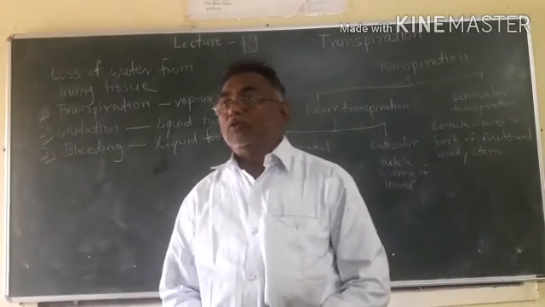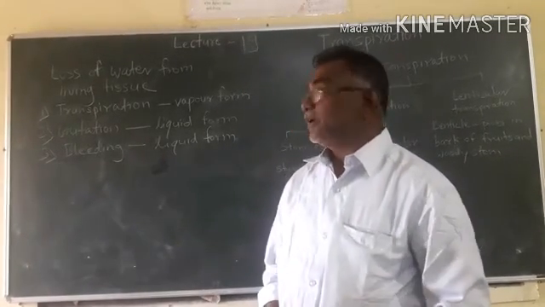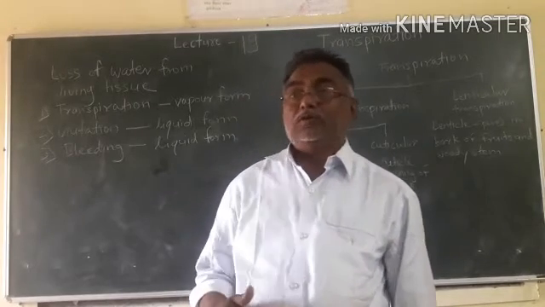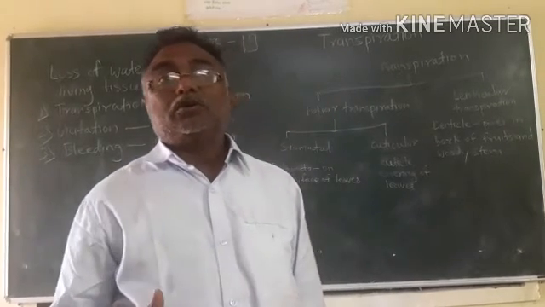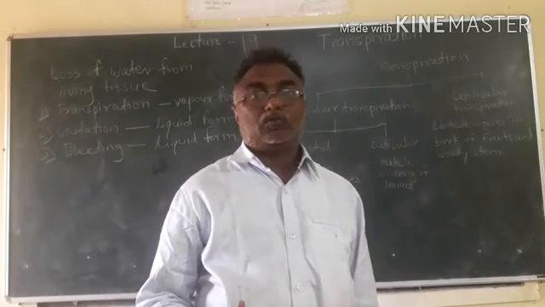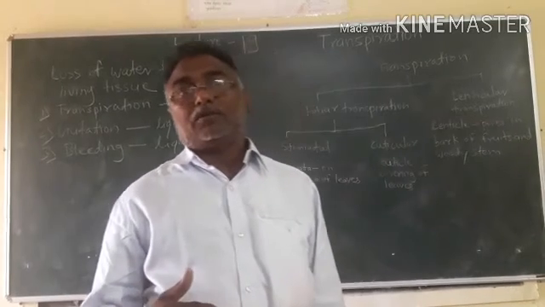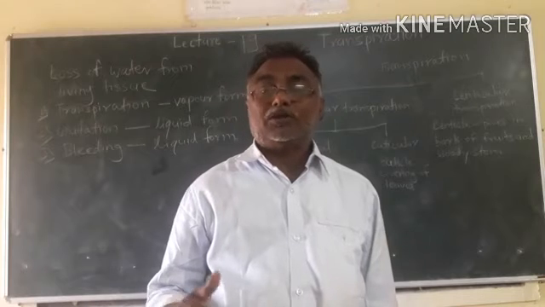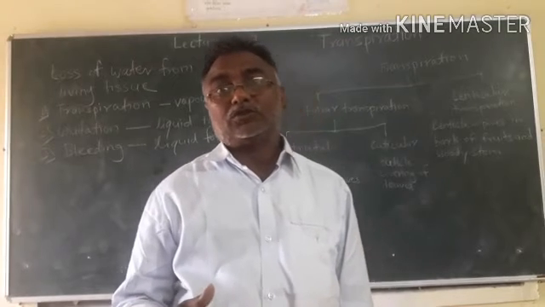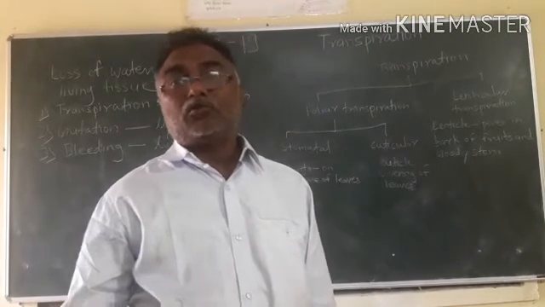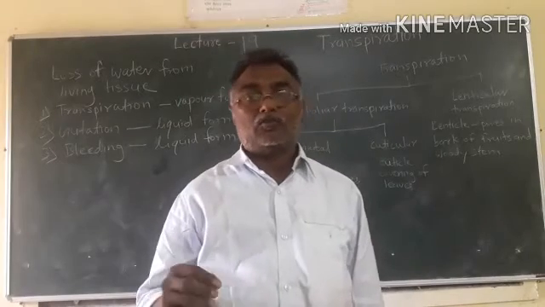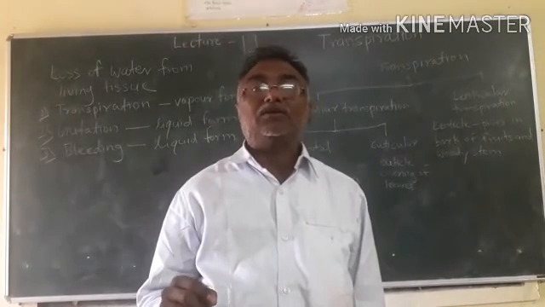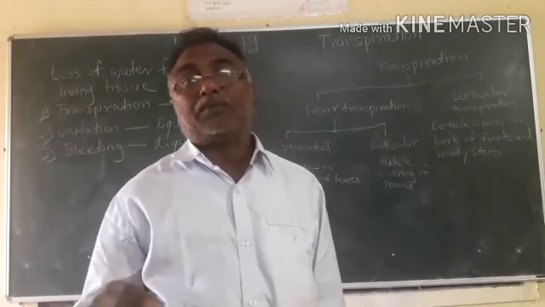So absorption of water is made by roots, and the absorption process occurs by the process of osmosis. Absorption and movement of water from roots to the upper parts of the plant is called ascent of sap.